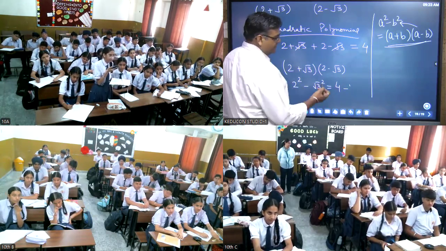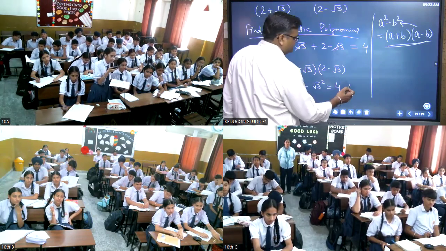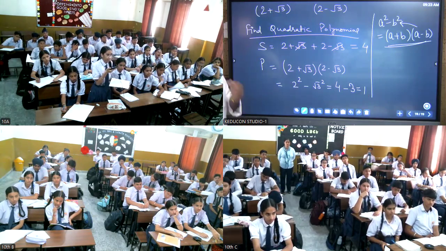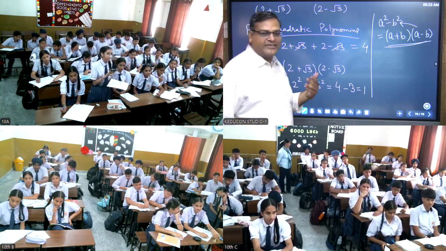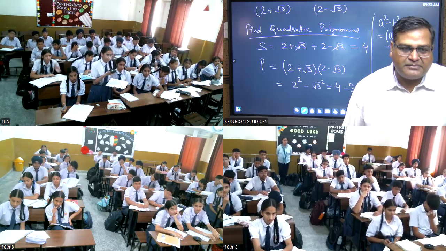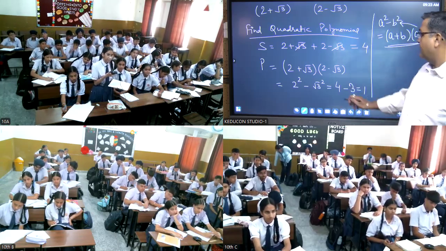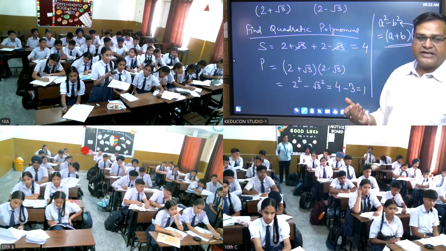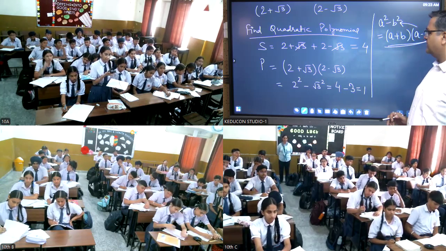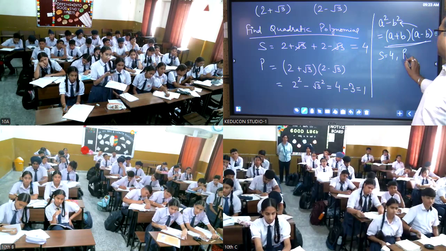The answer is 3. When root 3 into root 3, the root cancels so we get 3. So 4 minus 3 equal to 1. So you have s value 4 and p value 1.